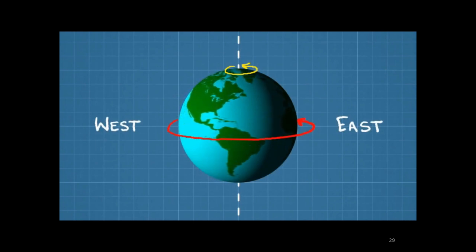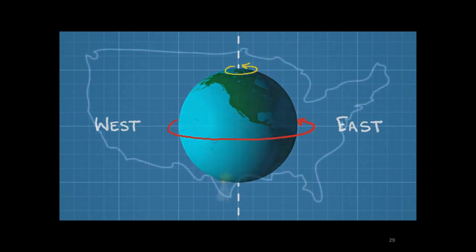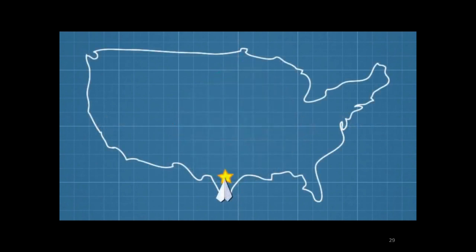That means that the paper airplane is spinning faster as well, and when you throw it, that spinning momentum is conserved. So if you threw your paper airplane in a straight line toward the north, it would land somewhere to the right of Nebraska, maybe in Delaware. So from your point of view in Texas, the plane would have taken a curved path to the right.